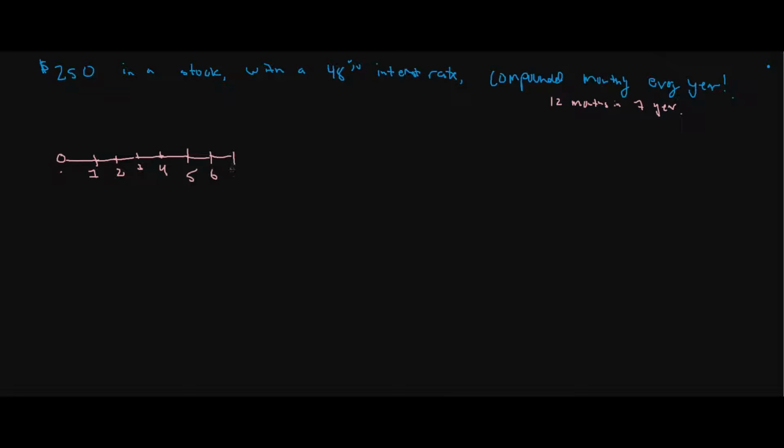I know this is kind of lengthy. We're just going to go through this very quickly. 8, 9, 10, 11, and 12. So here we are every month, because there's only 12 months in a year. That's why we go up to 12.